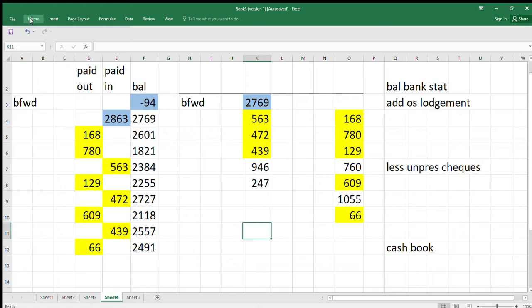So we now are going to do our carried down figure. Let's just check actually, have we got a carried down figure? No, they've not got a carried down figure in. Okay, let's calculate the carried down figure in the cash book. I like to do it this way because I know that it will always be accurate.